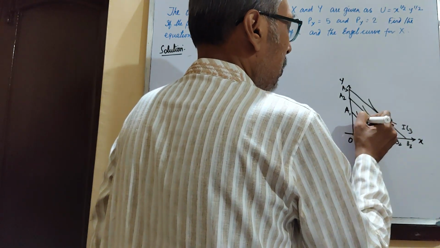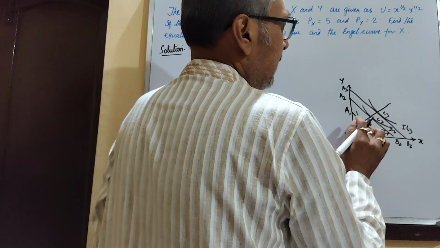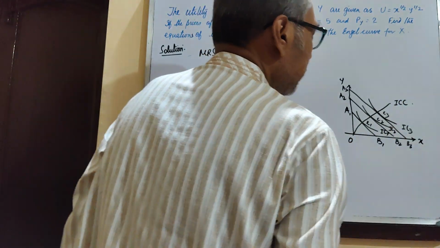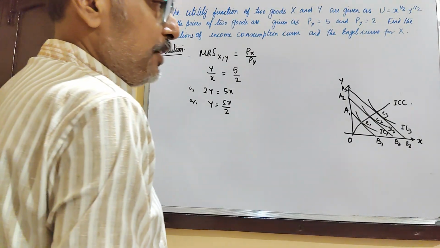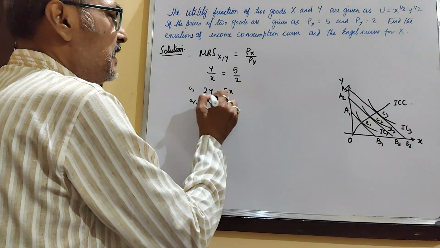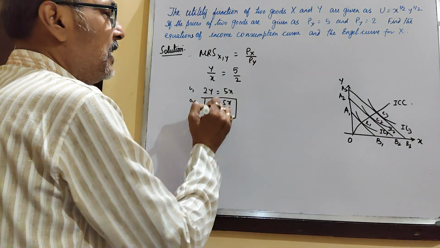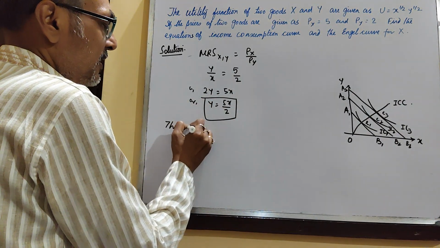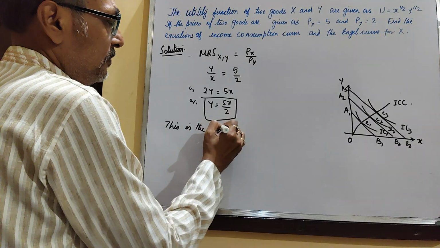We take the locus of these and we get the ICC, the income consumption curve. The locus of E1, E2, E3 shows the income consumption curve, and this is the equation for the income consumption curve.